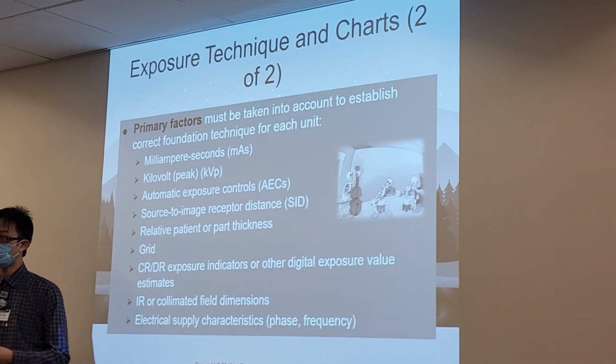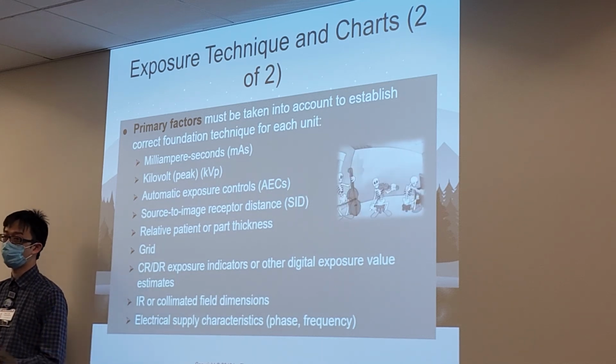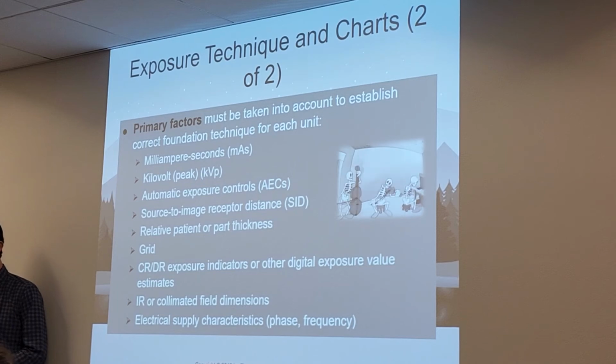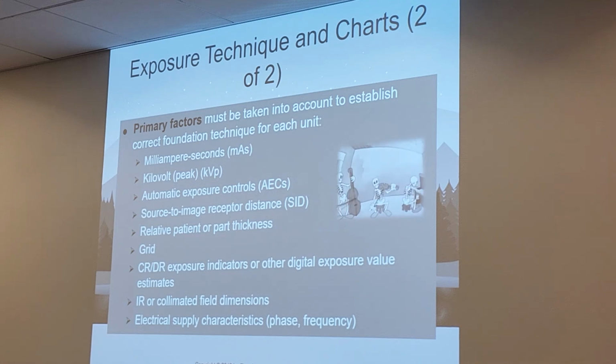And remember, in lab, the generator was that big cabinet-looking thing in the corner. So all of these will affect that exposure technique chart. And so that's why it is specific to the equipment. It is per row.